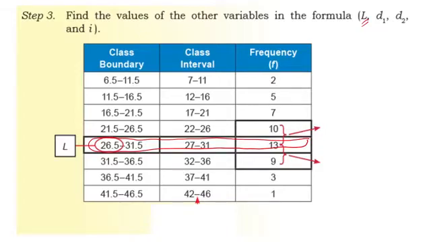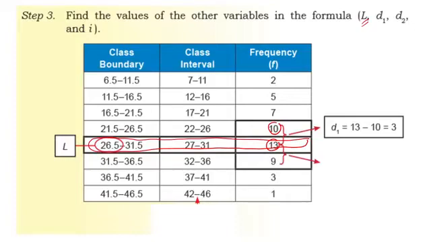It's so simple. Beginning with 13, I will subtract 13 and 10, because 13 minus the frequency before it gives D sub 1. So again, D sub 1 is 13 minus 10, that's equal to 3.